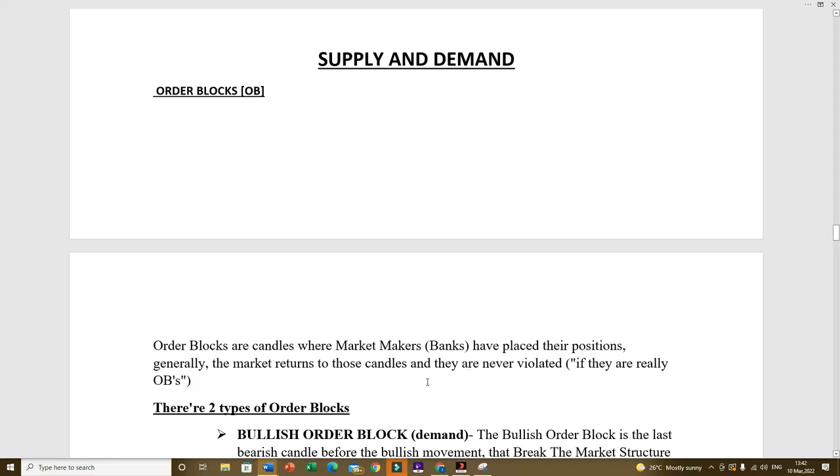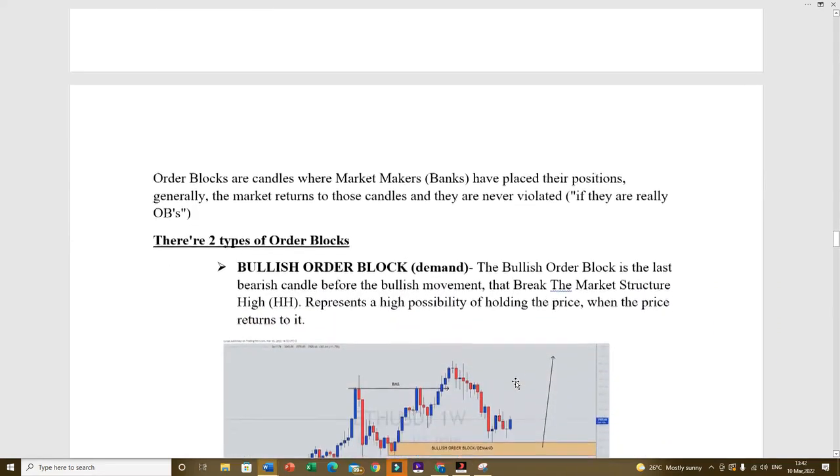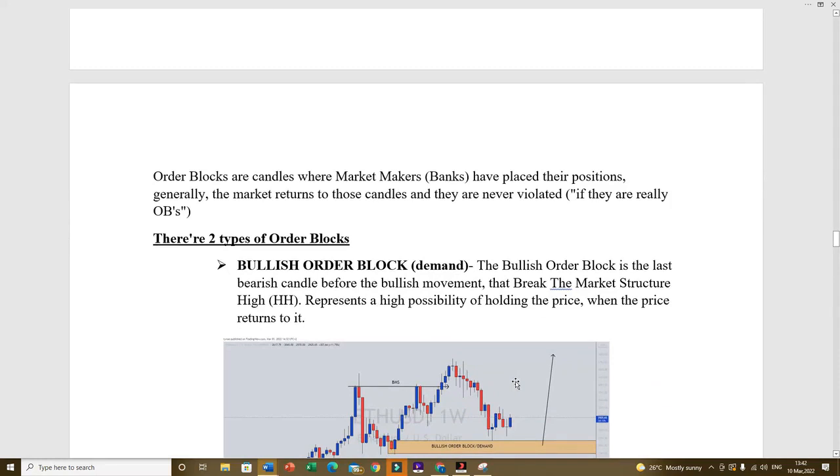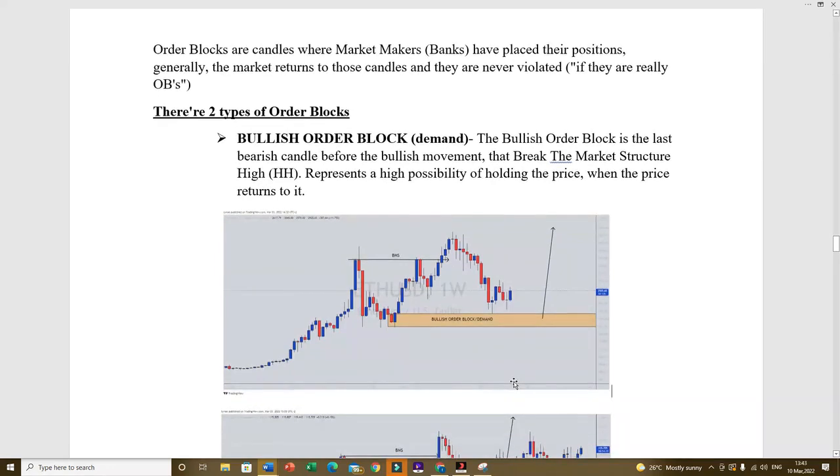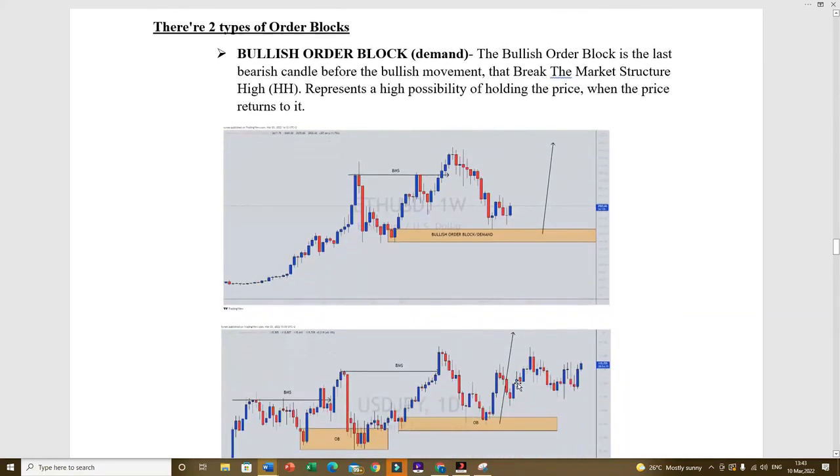We expect price to respect these order blocks, but it's not every time that price is going to respect them. Sometimes they're just going to violate those zones, but mostly we expect our price to respect those order blocks. We have significant and insignificant order blocks in the market, I'll explain that. So we have two types of order blocks in the market.